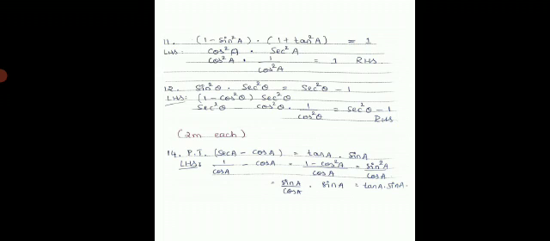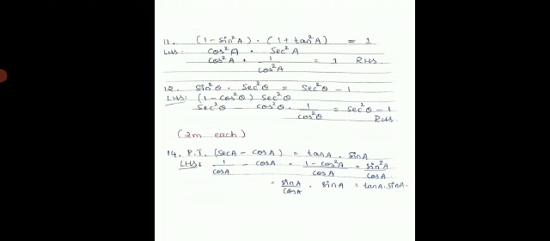Next one, last one from 1 mark. So sin square of theta into sec square of theta, which must be equals to sec square of theta minus 1. So here convert sin square of theta as 1 minus cos square of theta into sec square of theta as it is.